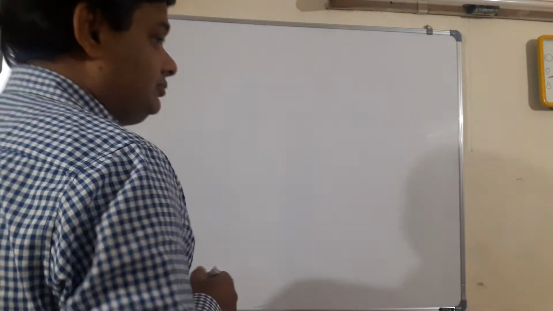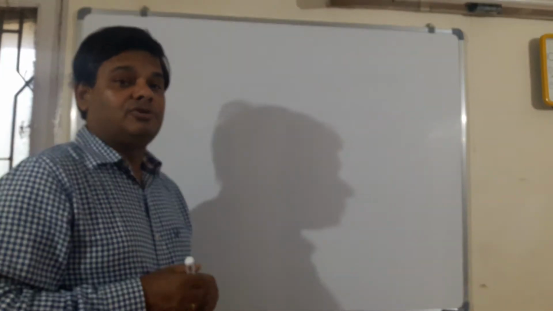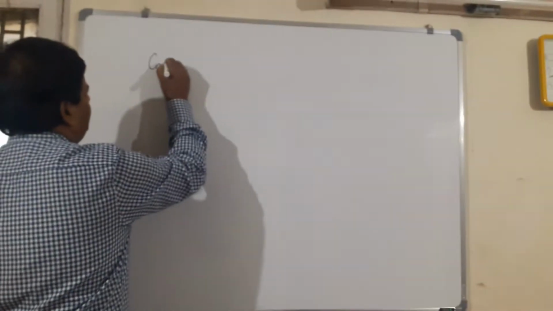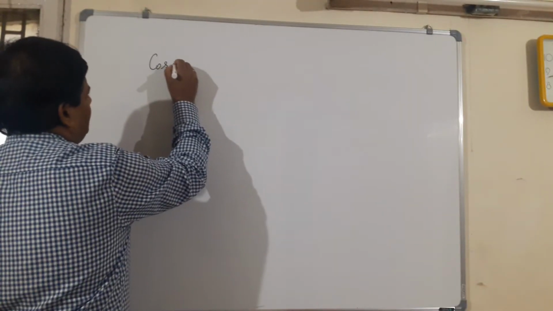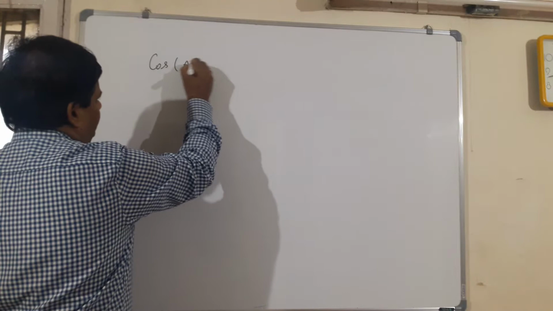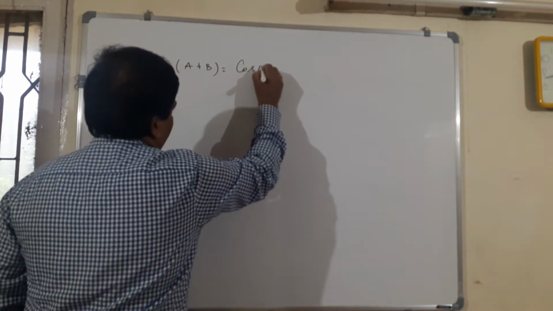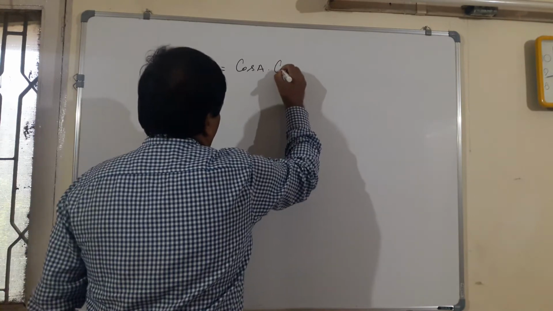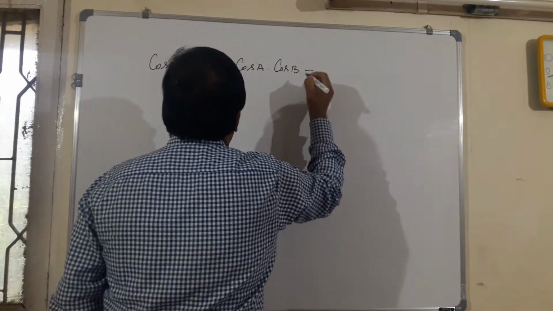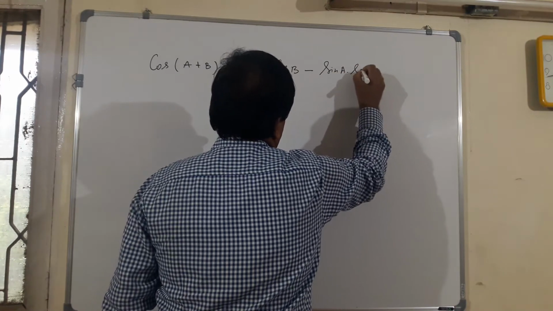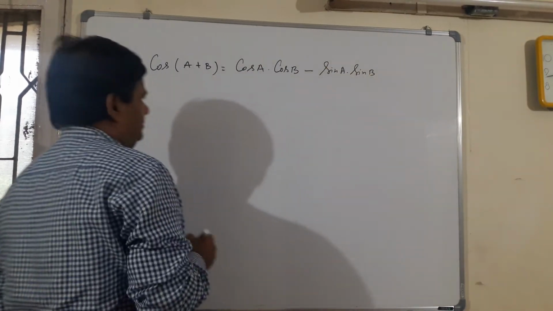Now I am going to discuss the formula of cos 3a. We first write cos(a plus b) is equal to cos a into cos b minus sin a into sin b.